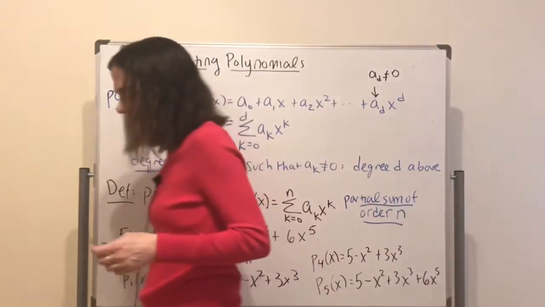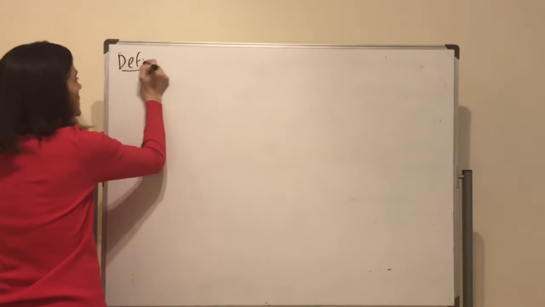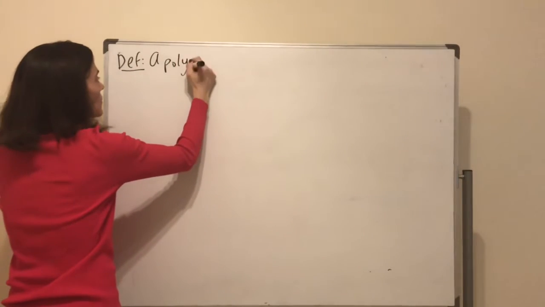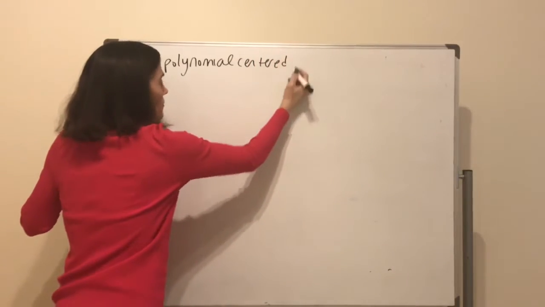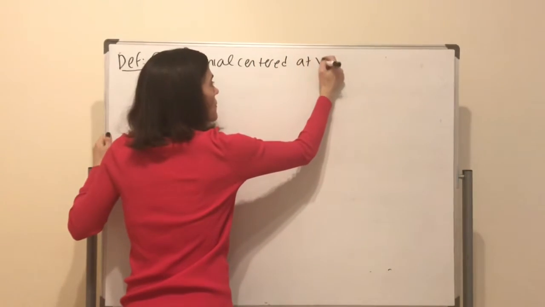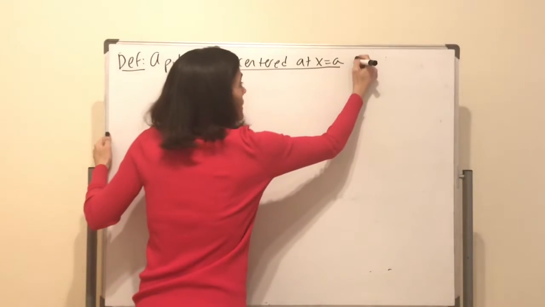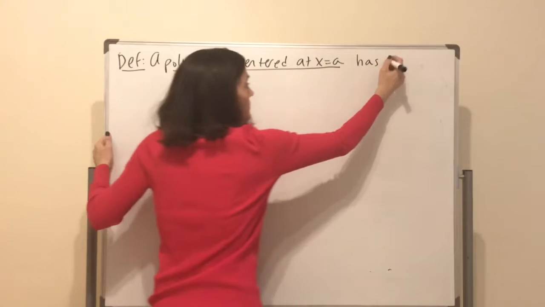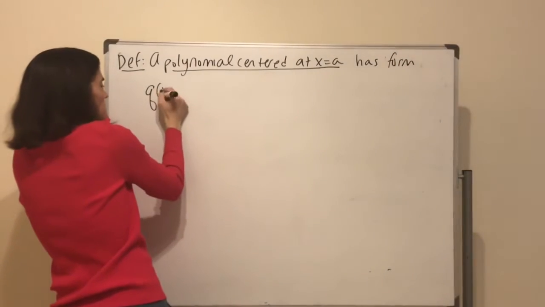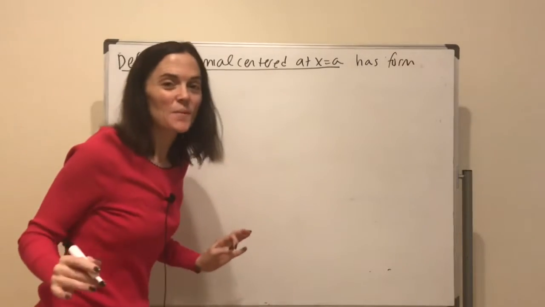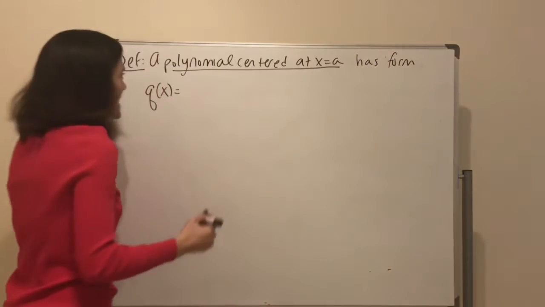Okay, one more definition. Definition, a polynomial centered at a. So this is what I'm defining. Has the form, well, maybe I'll call this one q of x. Well, it is a polynomial, but it has a different form than the form that I gave before I erased.